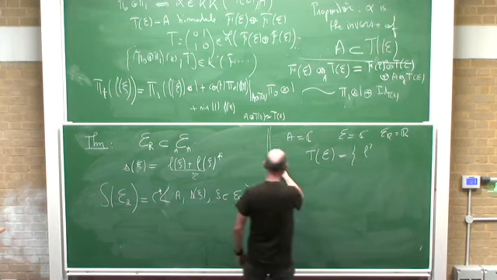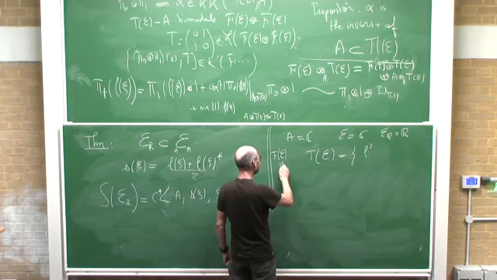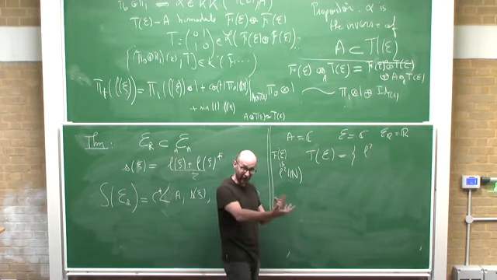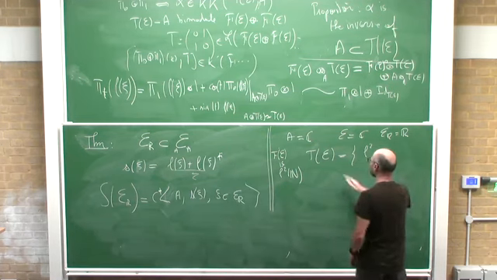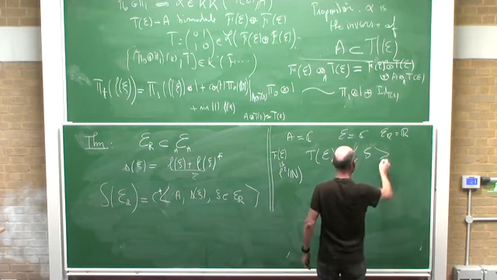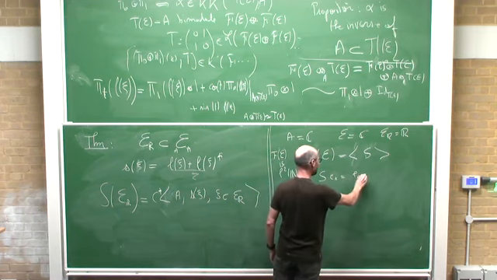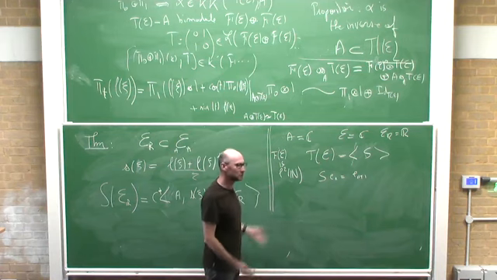Maybe I should say the Fock space first. The Fock space of this E is isomorphic to L2 of the integers. The integer gives the length, and T of E is generated by this isometry S, where S on the basis is e of n plus 1.